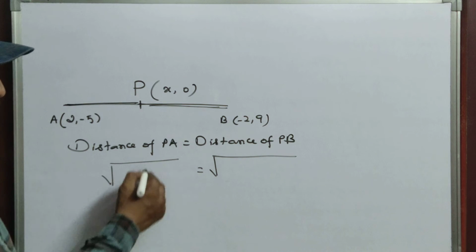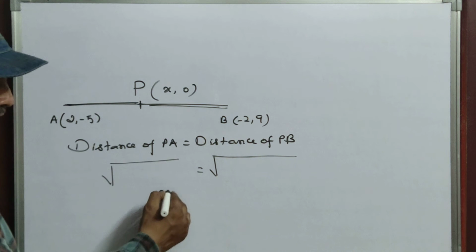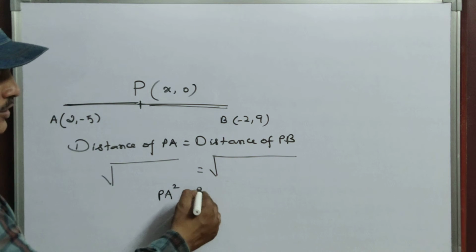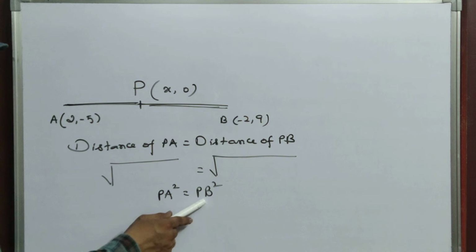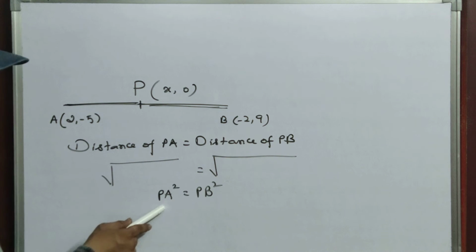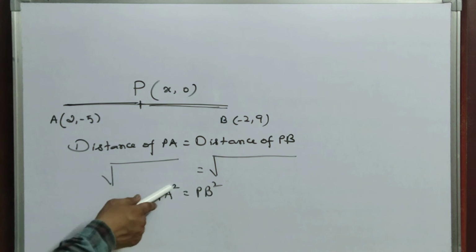Instead of writing the roots, for this type of sums we can write PA square equals PB square, which means distance of PA square equals distance of PB square. If you don't understand why I wrote PA square and PB square, actually the roots get cancelled.